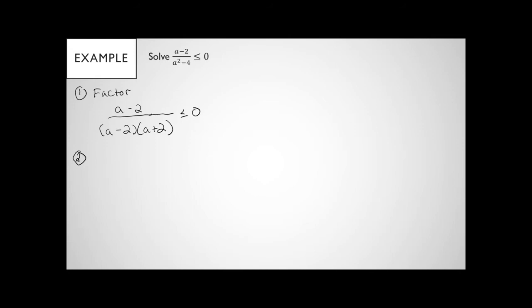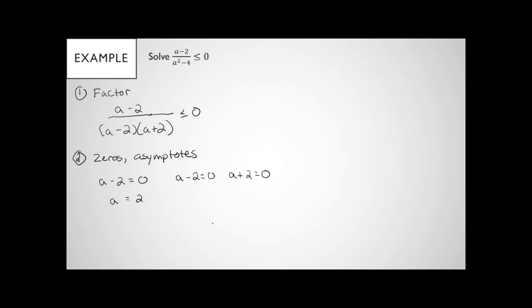Now we're going to find the zeros and the asymptotes. So I set my top, the x minus 2, equal to 0, and then the factors in the denominator equal to 0. And I solve all of those for x.